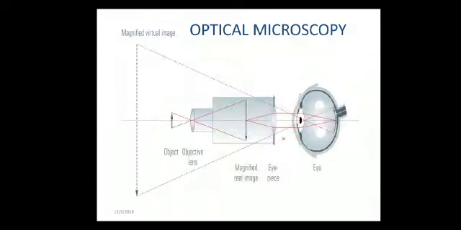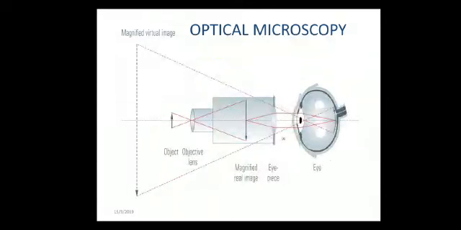You can see here the human eye. Next to that we can see the eyepiece, where we place the projector lenses. Then we have the magnified real image.